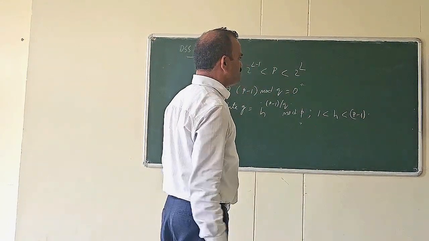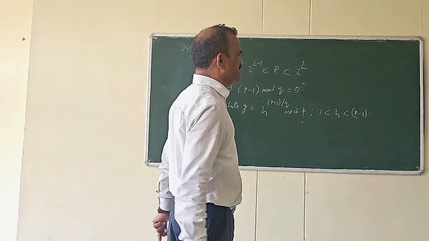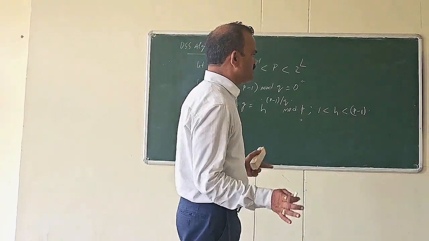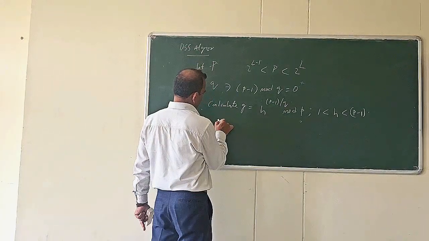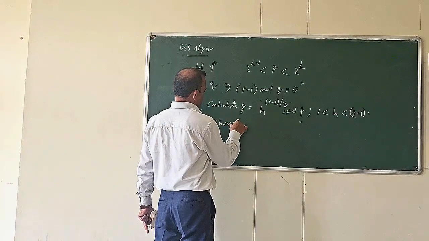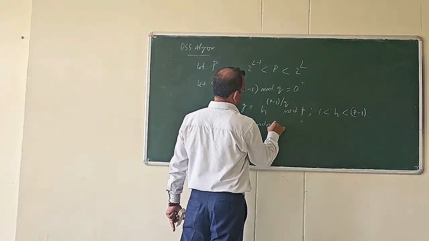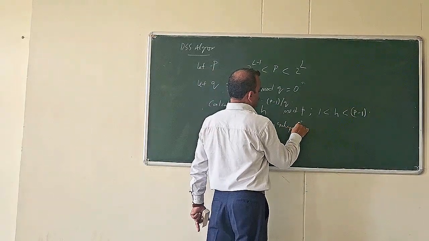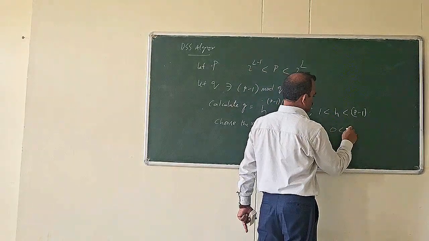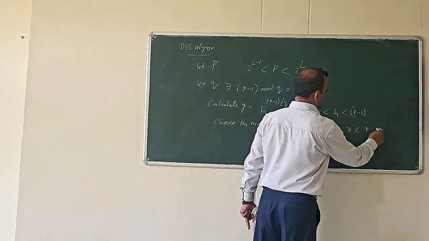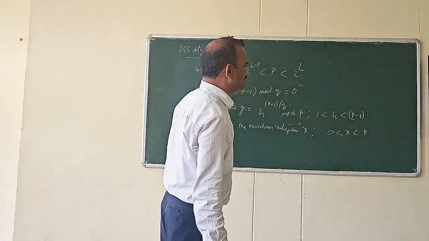Now choose a random integer x, where x lies between 0 and P. Then calculate y.